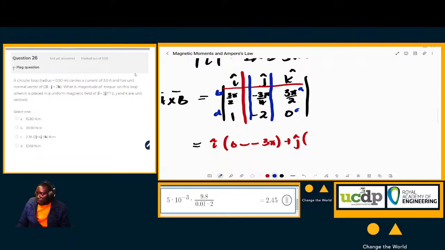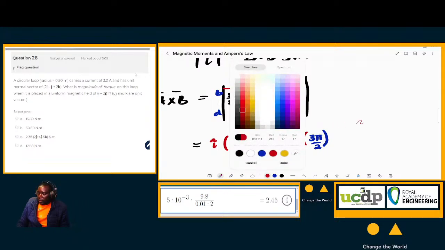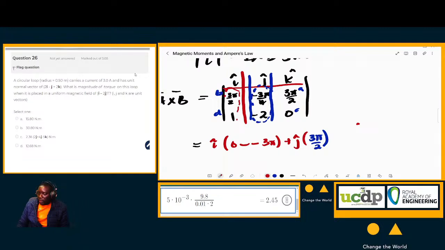So that's 3 pi over 2 for the j. For the j, we just eliminate this part, which is within the blue lines. For the first part, we had to leave this part, which is within the red circle.